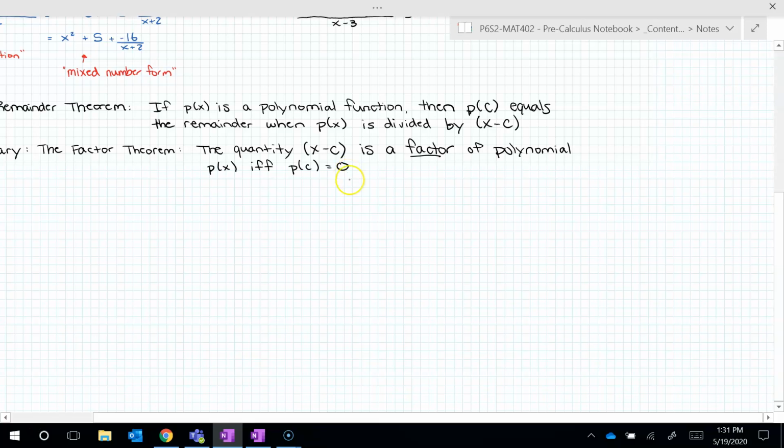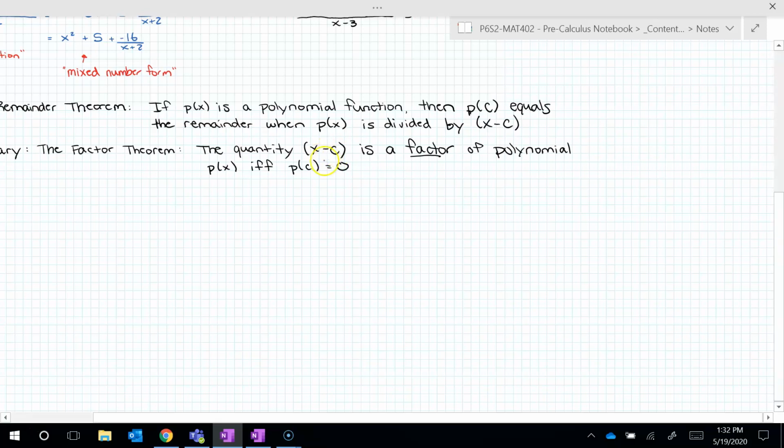So if the remainder is 0, then I know this thing is a factor, because of this theorem here that says if I divide by x minus c and I get some remainder, then it has some value. It's not equal to 0. It's somewhere else above or below the x-axis.